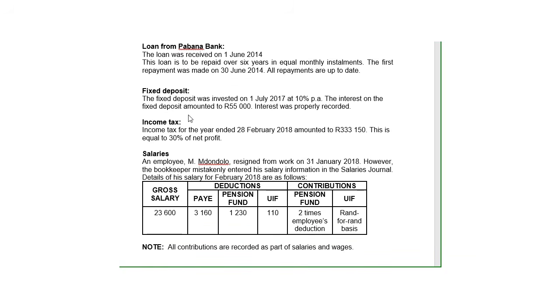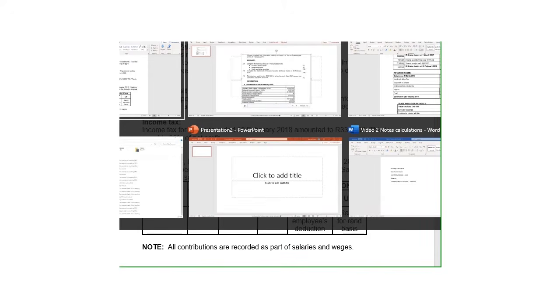There, it's income tax that they're giving me, so I should be able to calculate the profit after tax using this information. But the only thing they tell me is what the actual tax is, and that is 30% of the net profit. They don't tell me the actual profit. But if I've got some information, I can do the calculation.